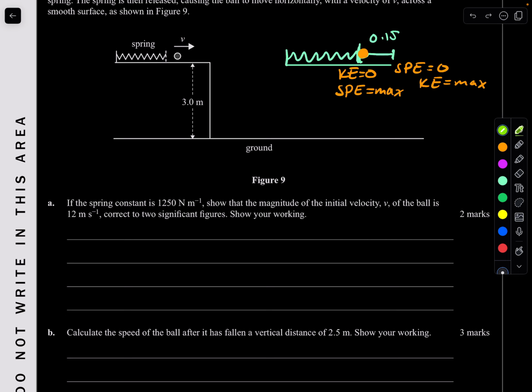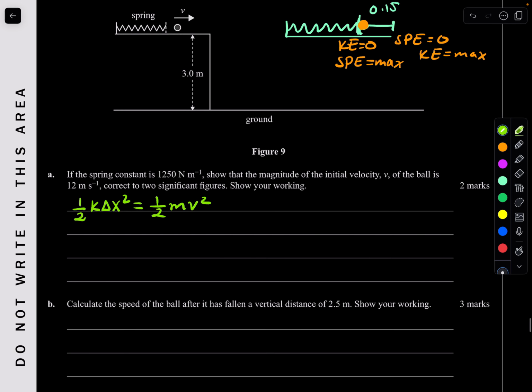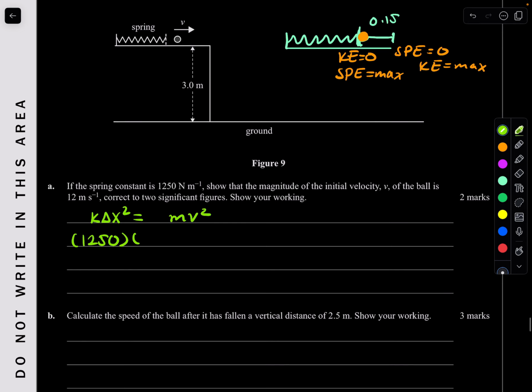All right, so spring potential energy, which is half k times change in x squared, must equal half mv squared. Those halves can cancel out. So what's our k? Our k was 1250. Your change in x is how much it was compressed, which we said was 0.15, squared. It's equal to your mass.